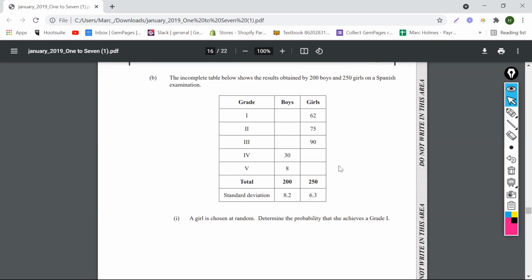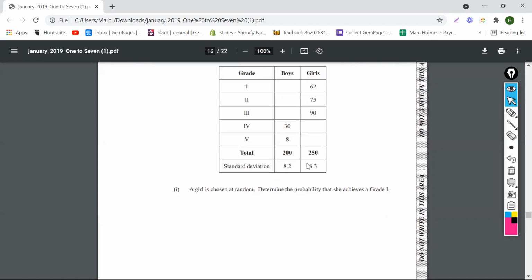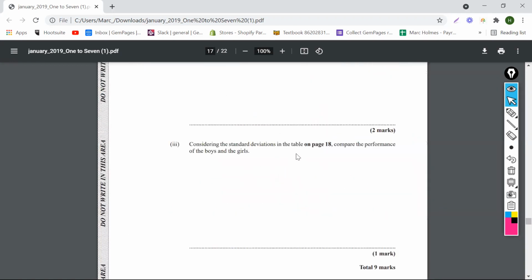But guys, this is one of those questions where, to be honest, it's not so easy. First of all, standard deviation is usually around the expected average.